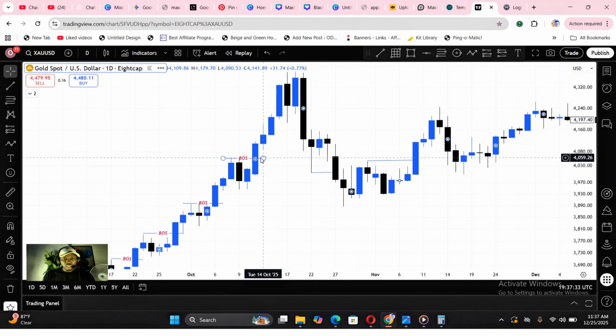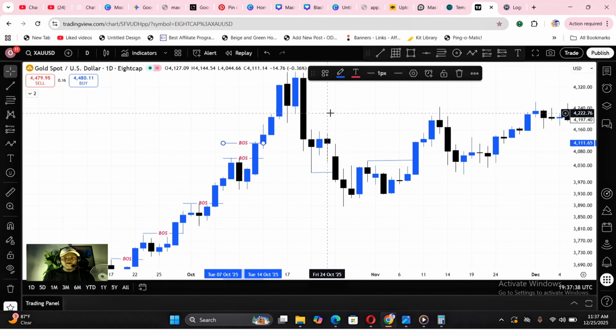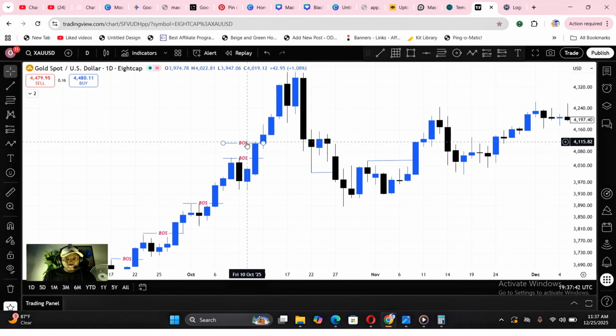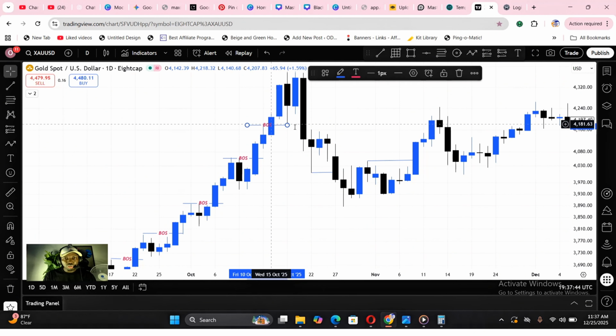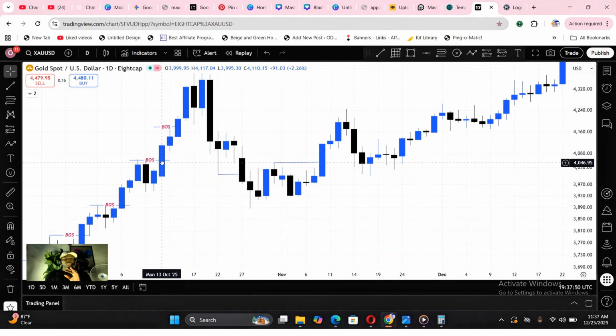Let me get this. Okay. This can still serve as a break of structure, this last one. This is the last break of structure that I can see here.